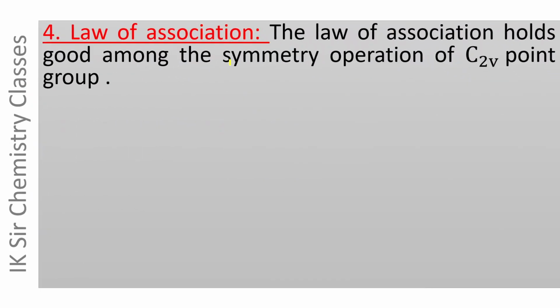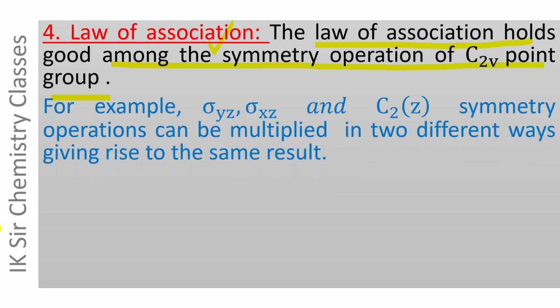And the fourth law of a mathematical group is law of association. The law of association holds good among the symmetry operations of C2V point group. For example, sigma yz, sigma xz, and C2z symmetry operations can be multiplied in two different ways, giving rise to the same result.